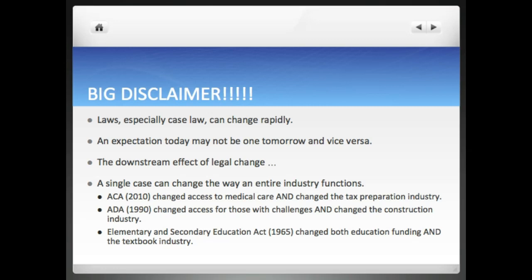Another one that I thought of after I wrote this, and it's big for us, is the Fair Credit Reporting Act. The act that says how people can collect money and credit information on you if you don't pay your bills also affects private investigators.